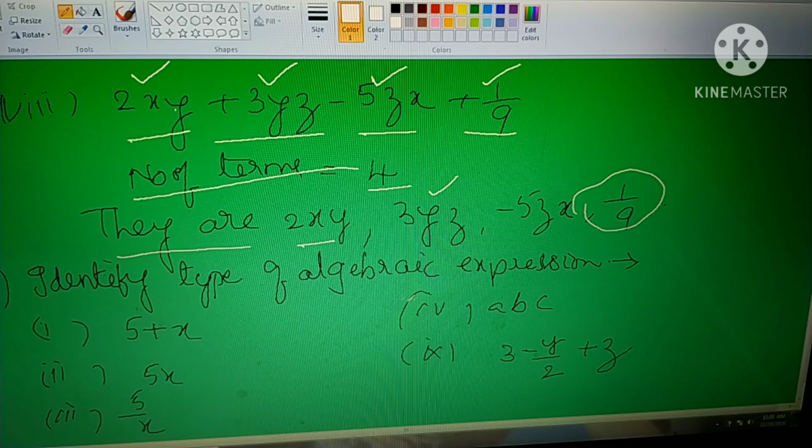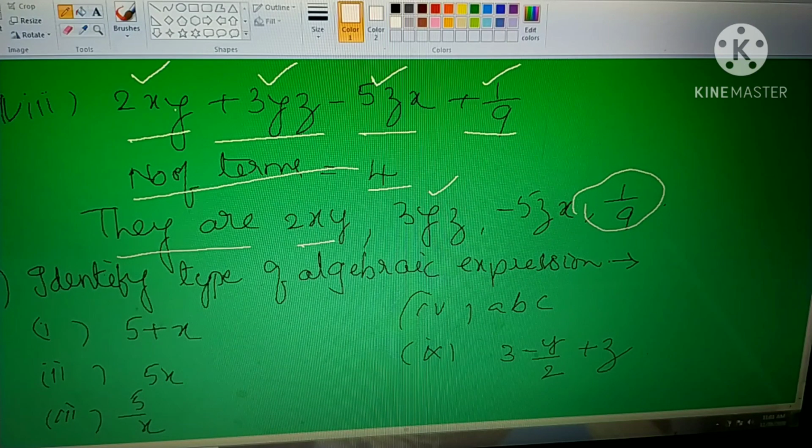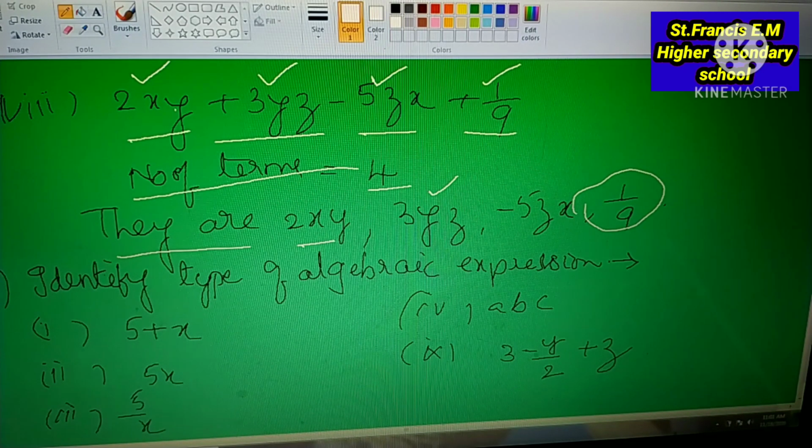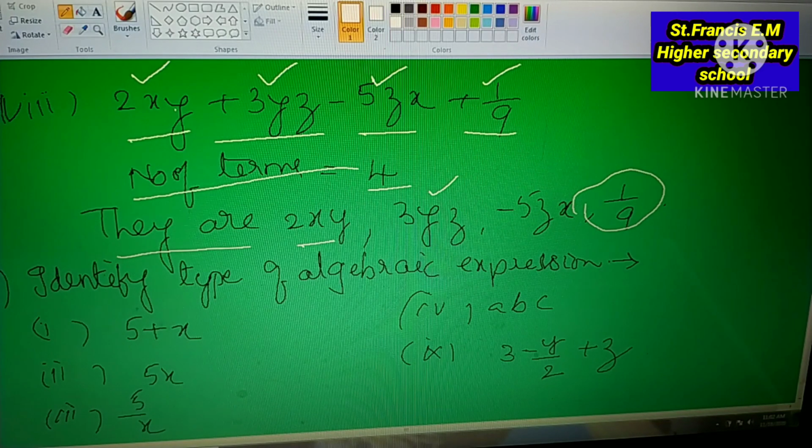Okay. Now see the next problem. Identify the type of algebraic expressions. We already learned based on terms how many terms we are having. By counting the number of terms, we can give different names to these algebraic expressions like monomial, binomial, trinomial or multinomial. After monomial, we can consider all binomial, trinomial as multinomials.